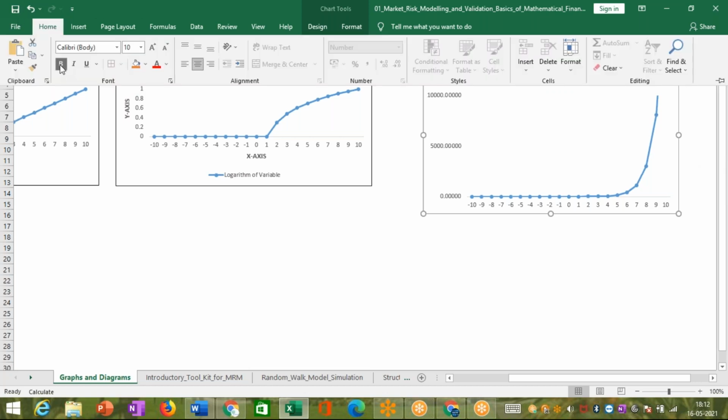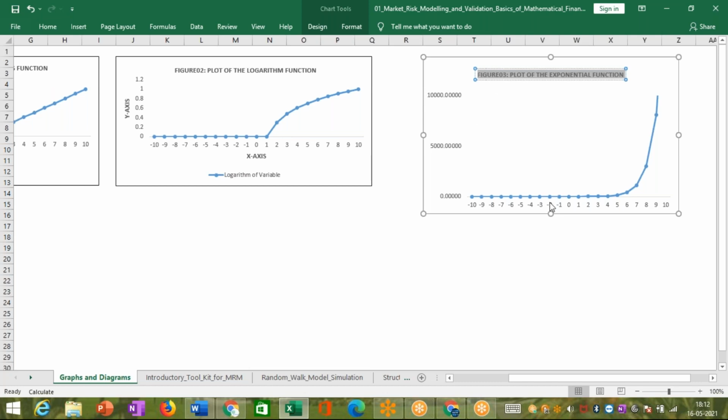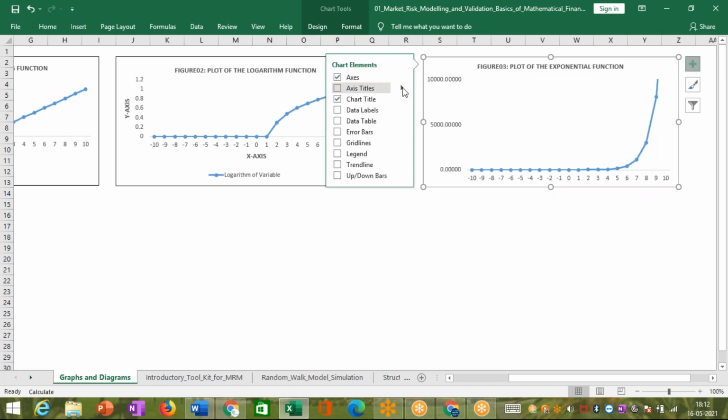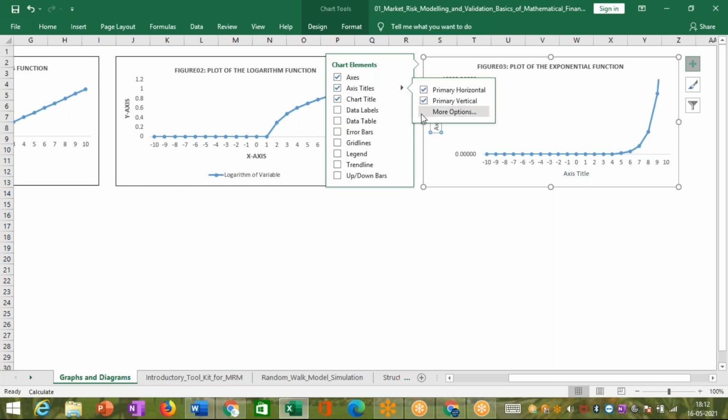So that's something that we need to look into. Exponential functions become very useful for developing these nonlinear models.